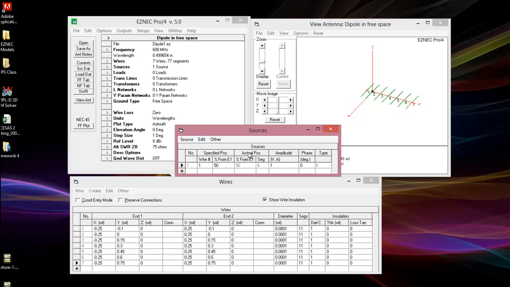I will derive the phase based on the equations in a different lecture.